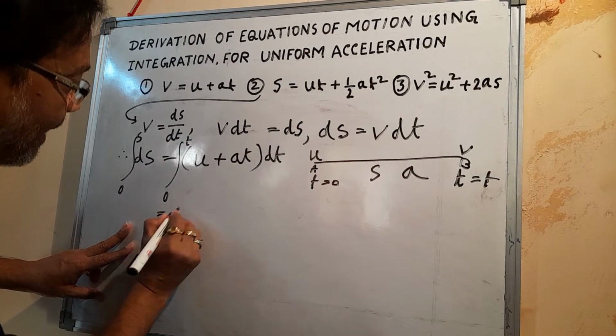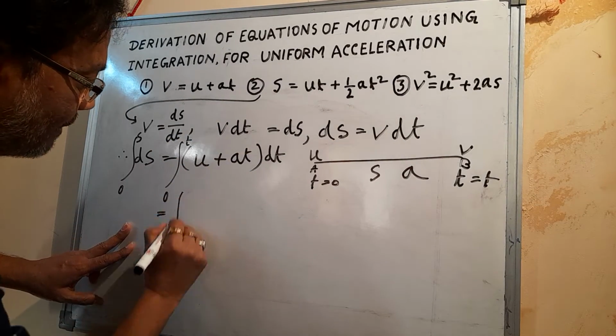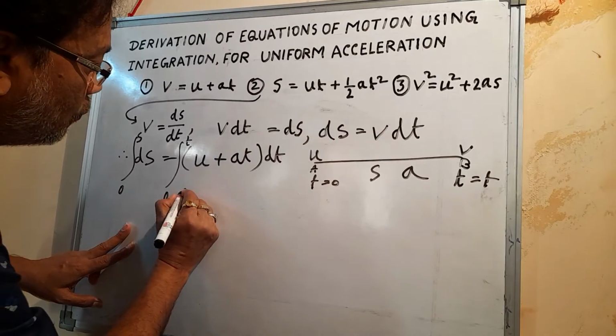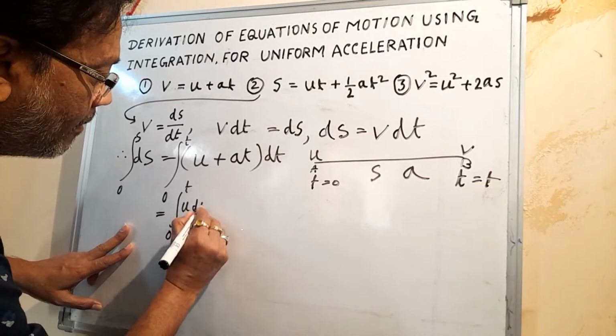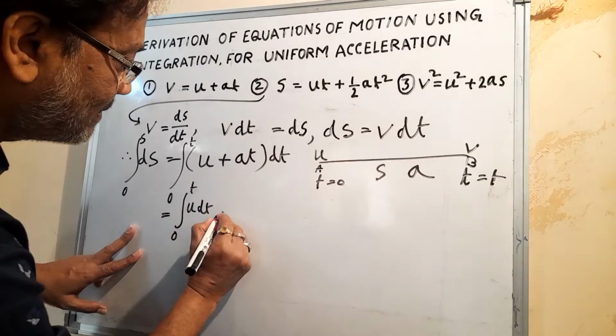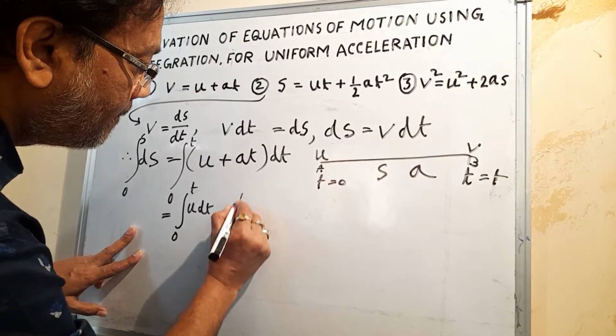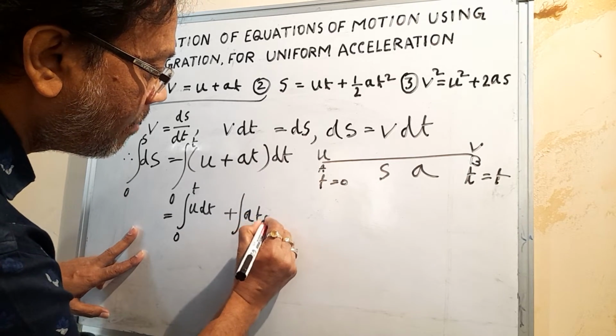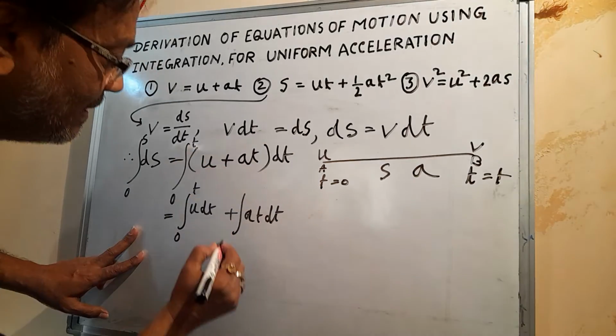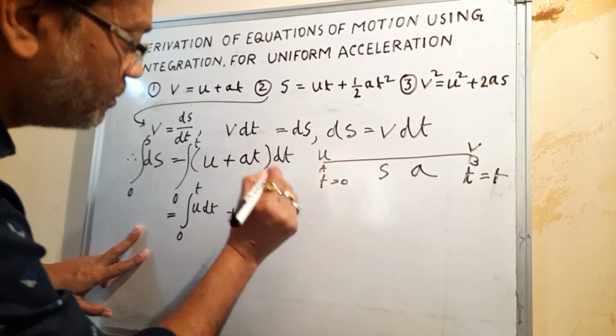From this we get two integrals: integral from 0 to t of u dt, plus integral of a t dt, with the integration limit 0 to t.